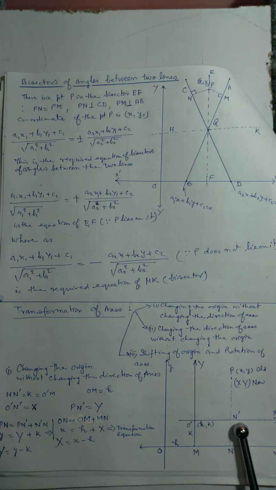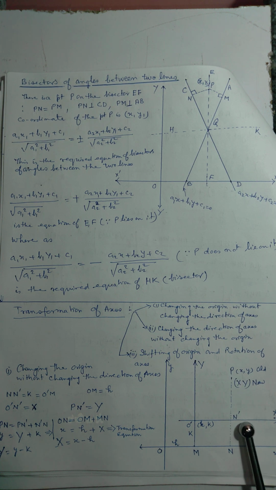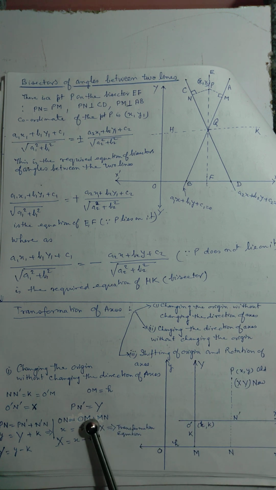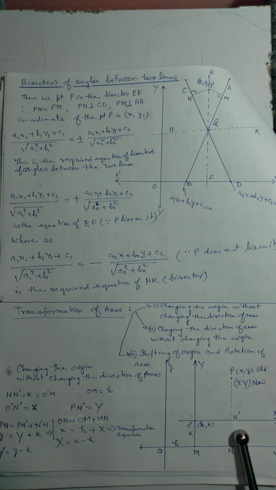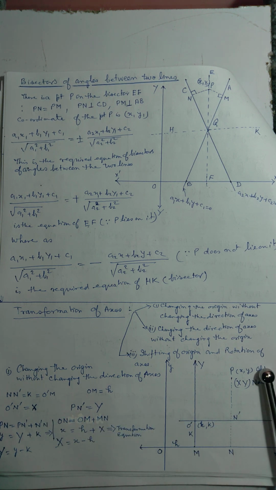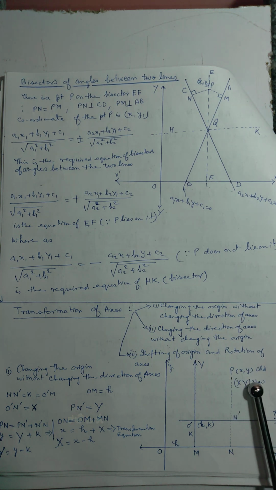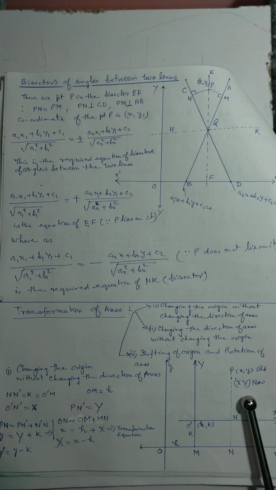And P N dash will be a capital Y, the new ordinate with respect to O dash, the new origin. So we have to find out the relation between the original coordinate, small x, y, and the new coordinate, capital X, capital Y.